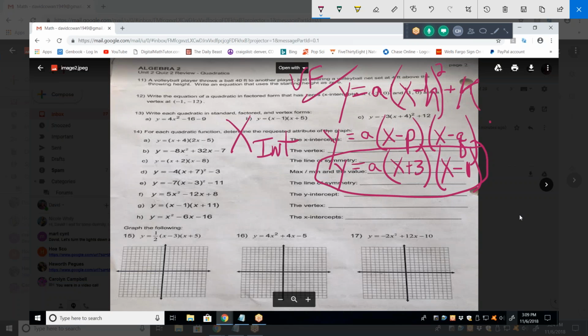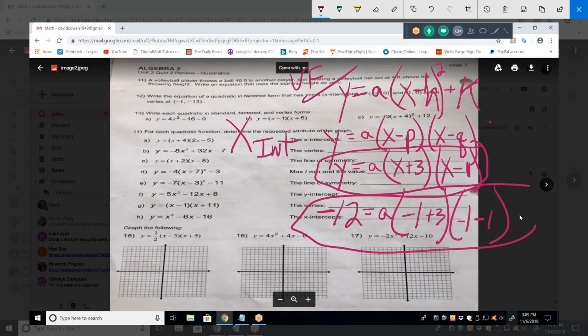But just to show you that we could do it, I know the vertex is at -12 when x is at -1. Again, if I solve that equation for a, I will get an a of 6.